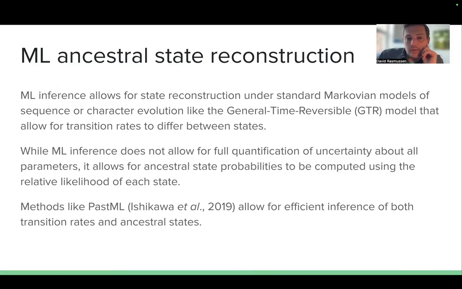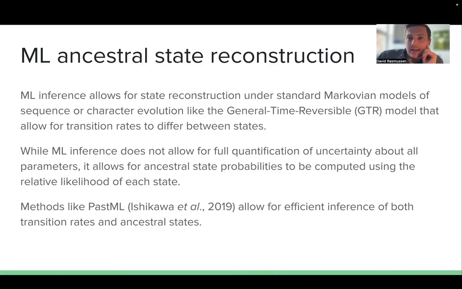One that we've become quite fond of and used a lot is the PastML program from Olivier Gascuel's group, which is nice because it's pretty fast and allows you to do maximum likelihood reconstructions of ancestral states on even large phylogenetic trees.